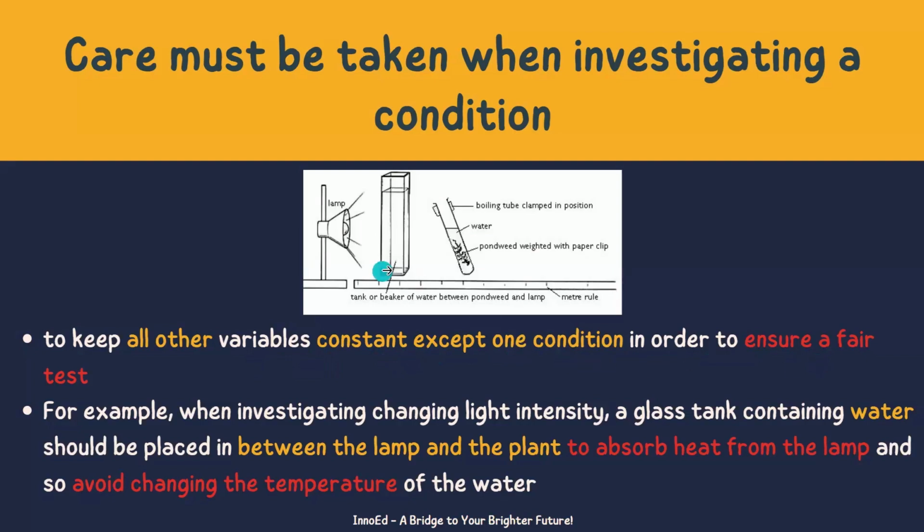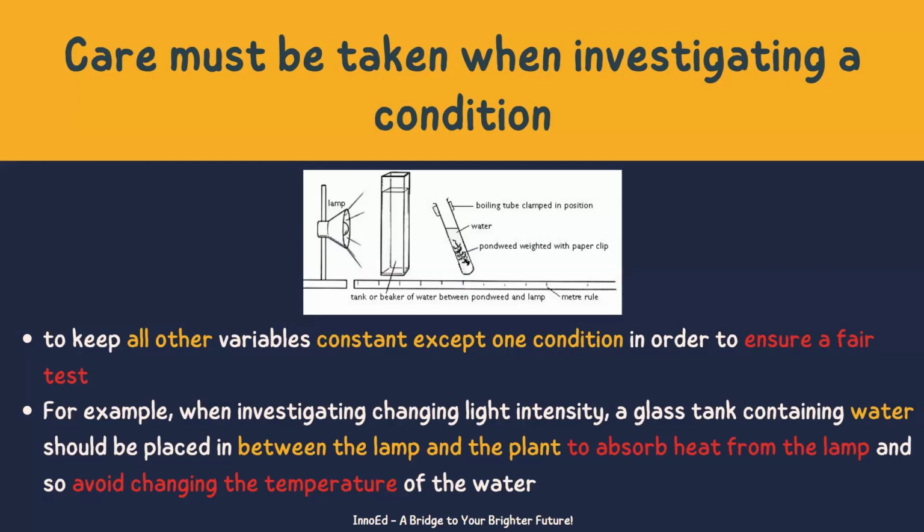For example, like in this picture, when we investigate the effect of light intensity, only the light intensity has to be variable, has to be different. The other variables, such as temperature, must be kept constant.